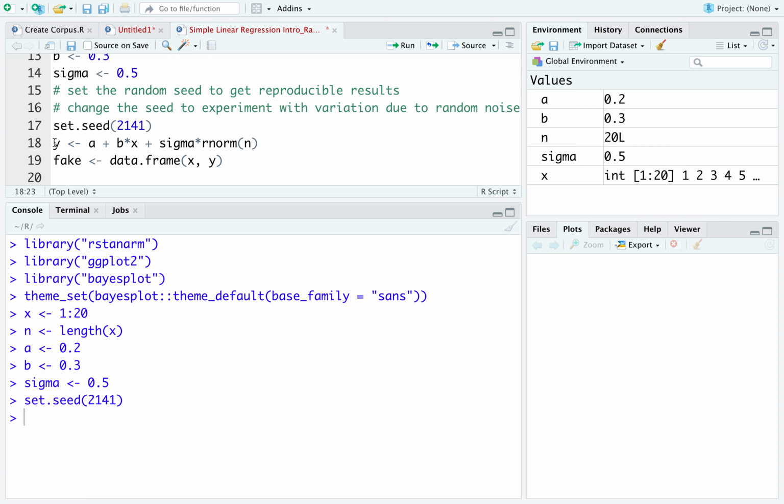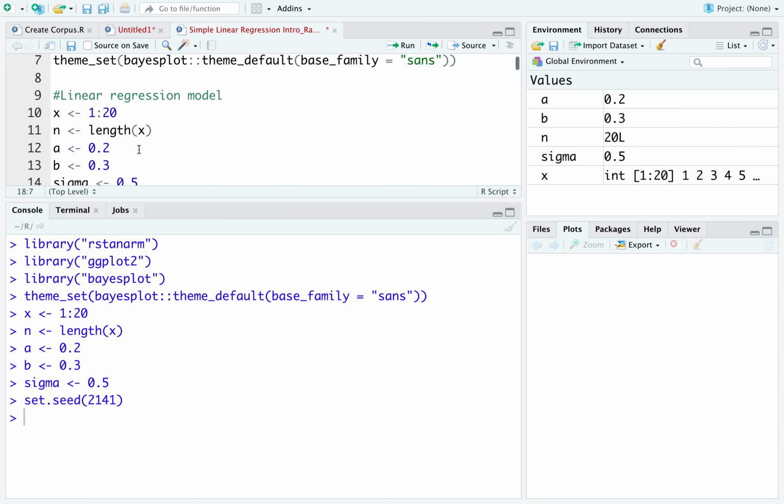Okay, and here is the generating process, right? We're going to create some Y observations that are coming out of this regression model: intercept plus slope times X. Remember X, what is X? Those data are just a really simple sequence.